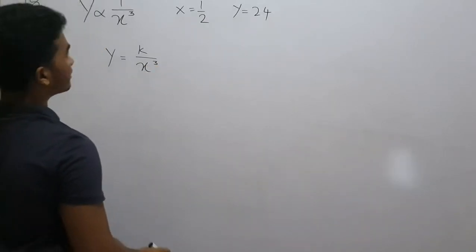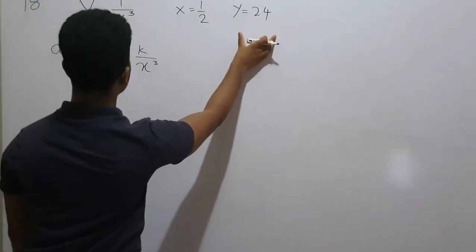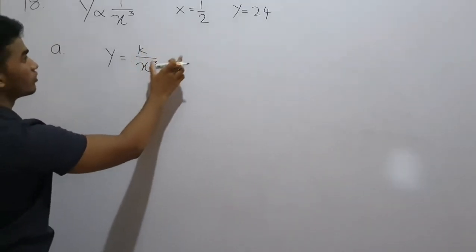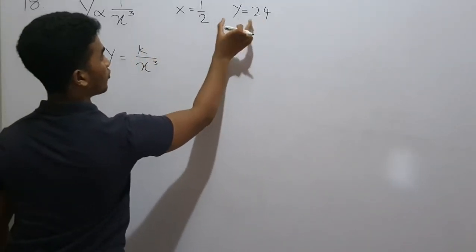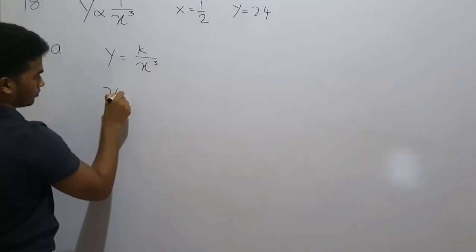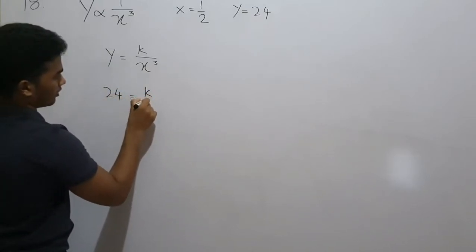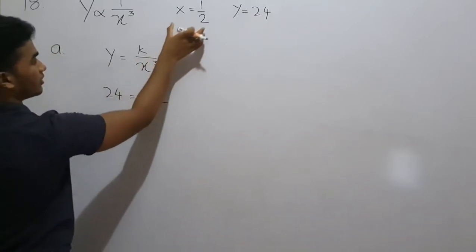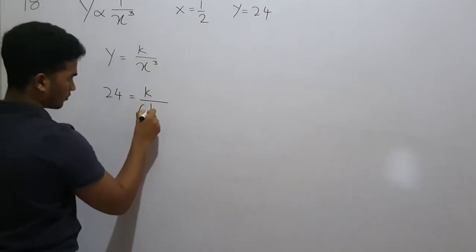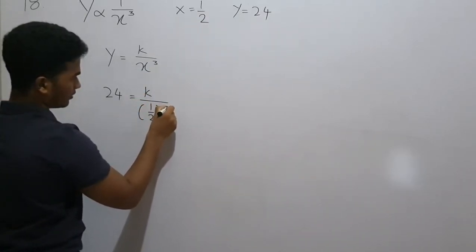Now, the reason why they have given the x and y values is to find the k value. So we'll substitute for y, it's 24 equals k divided by x, which is half, to the power 3.